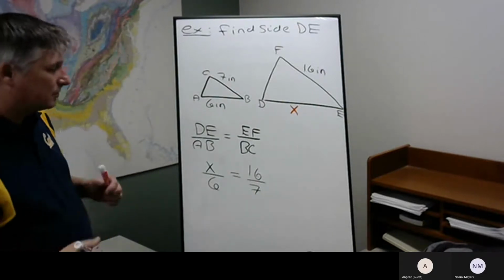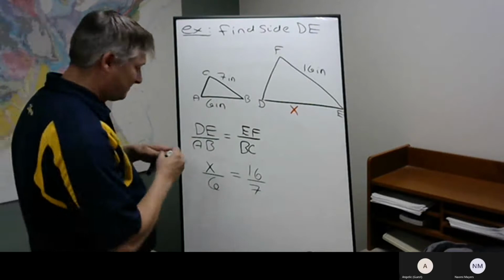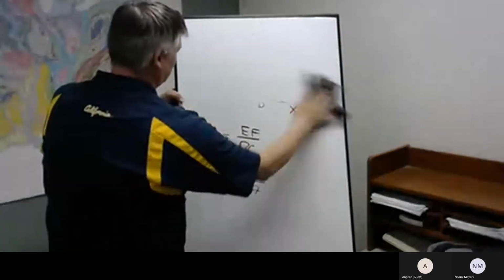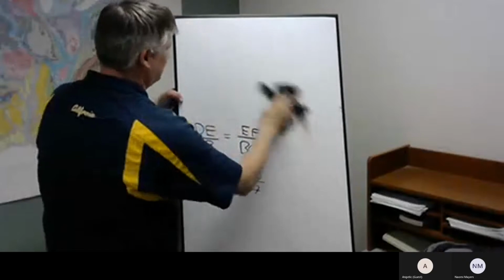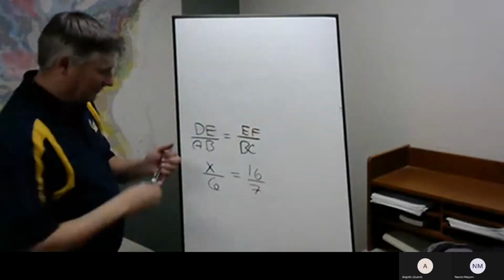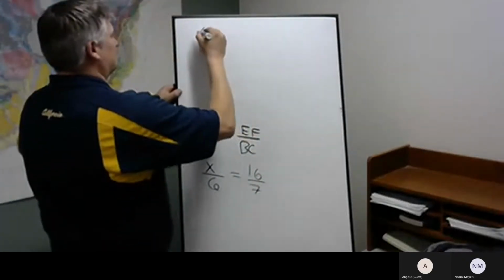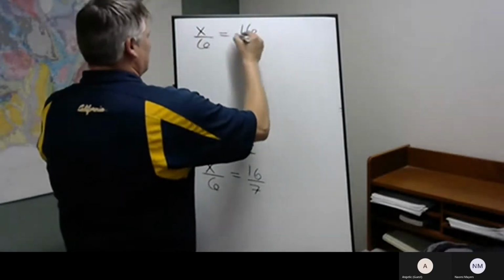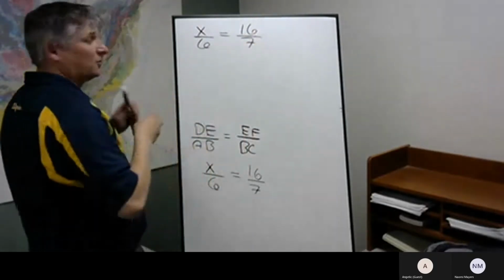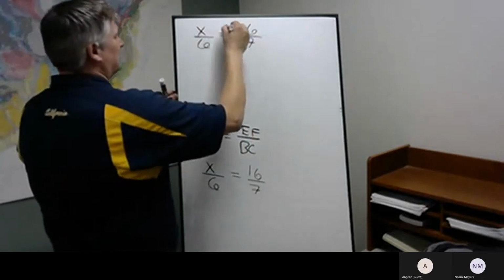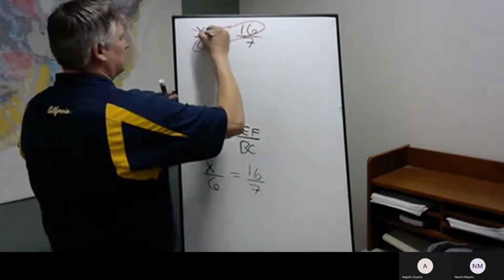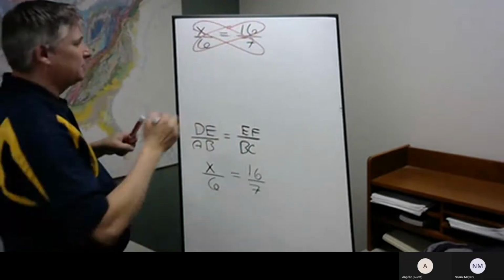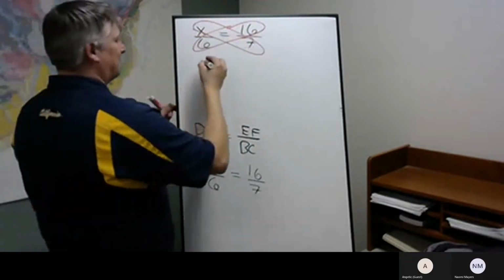So the way we can do this is what's called cross multiplication. So if we cross multiply, we're going to do this. What this means is we'll take 7 times x.